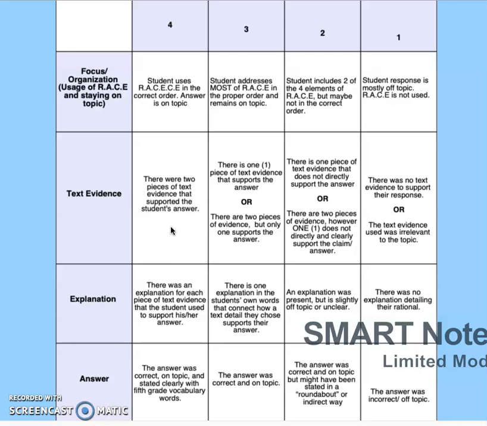If you have 2 details from the text, but only one of them is really related to your answer, that's when you start to get a 2 or a 3, depending on how your response is written. So to get a 4, you need 2 details that are related to and support your answer. And over here in the 1 category is when you don't put text evidence, or you put text evidence that is completely off topic.